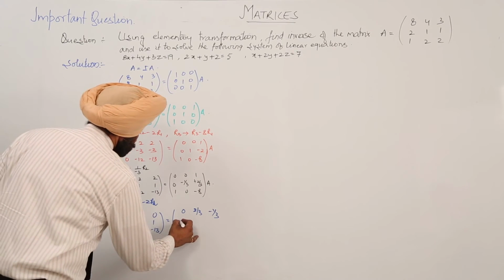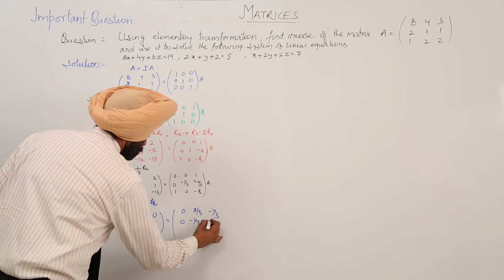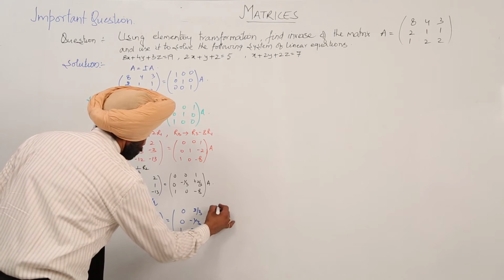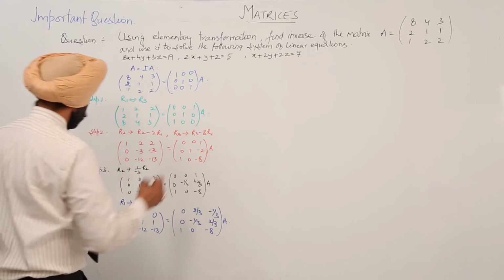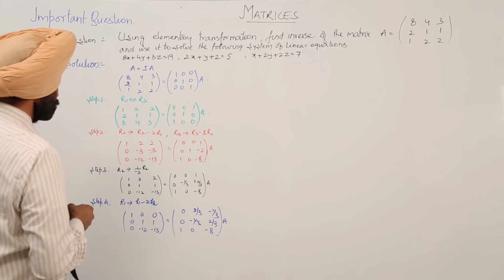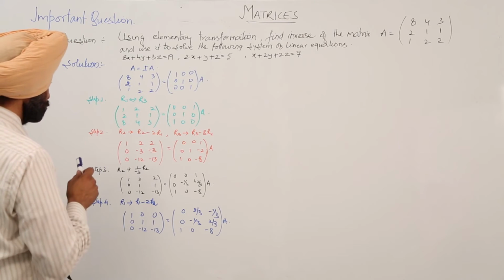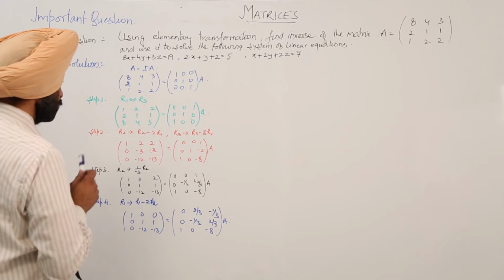Then we are having 0 minus 1 by 3, 2 by 3, 1 0 minus 8 with it. Okay, so step 4, now we are having 0 2 by 3 minus 1 by 3, 0 minus 1 by 3 2 by 3, 1 0 minus 8.